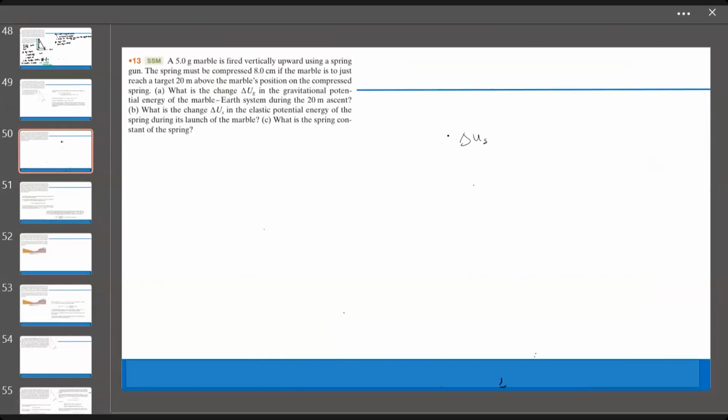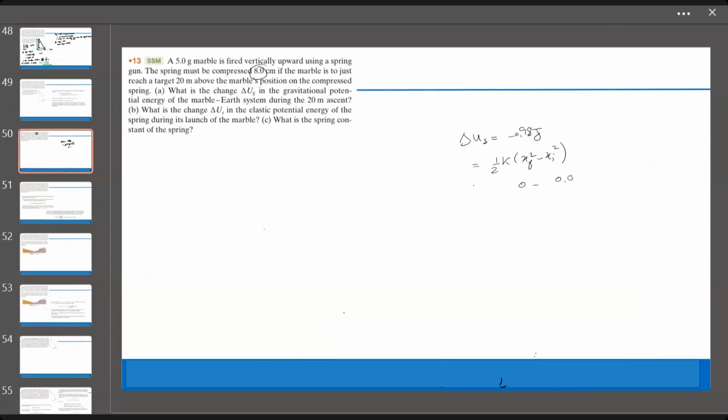So delta U for the spring is minus 0.98 joules, and this is equal to half k times x final squared minus x initial squared. The final compression of the spring is 0, and the initial compression is this 8 centimeters here.